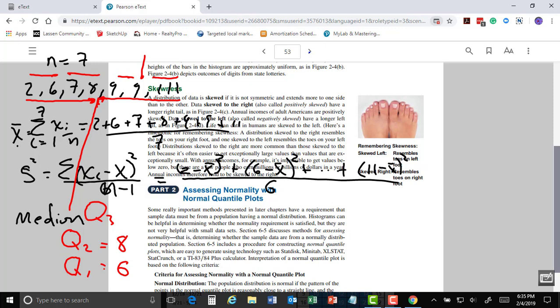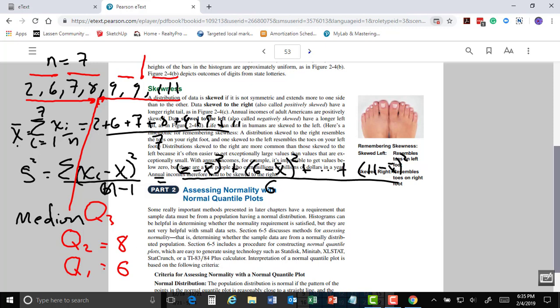Does anybody understand? Okay. So here's something called a normal quartile plot, which you won't have to solve, but this is another way of looking to see if the data is normal.